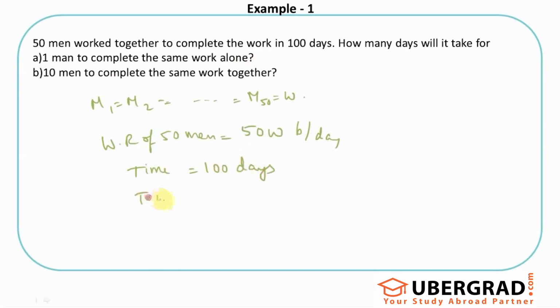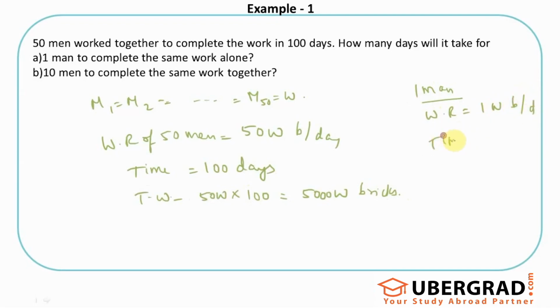So what is the total work? Work rate of 50 men into time taken by 50 men, that's 5000 W bricks, the total work. Now one man, what will be his work rate? 1 W bricks per day.